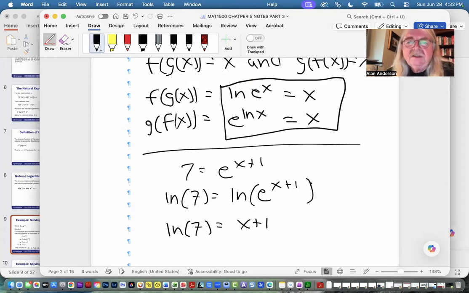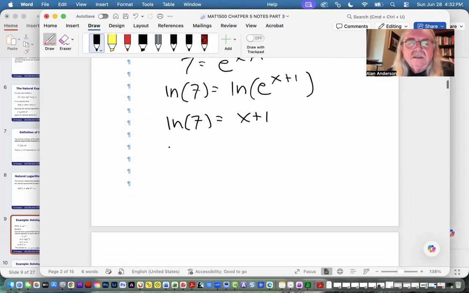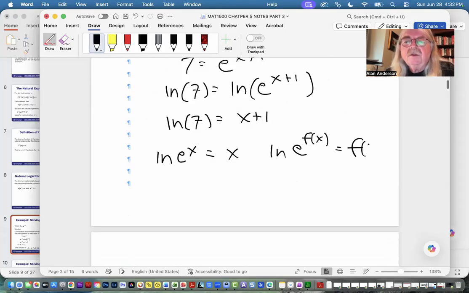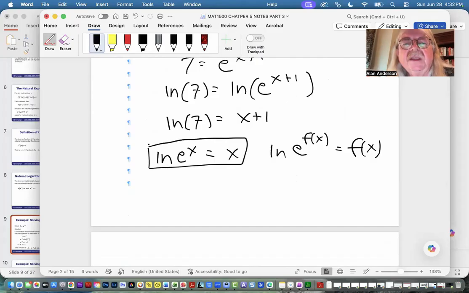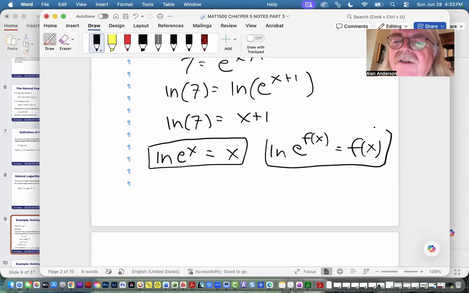In other words, this is the more general version of what we see here. If the log of e to the x equals x, it must be the case that the log of e to the f of x equals f of x. So in other words, they cancel each other out, the log and the e to the x.